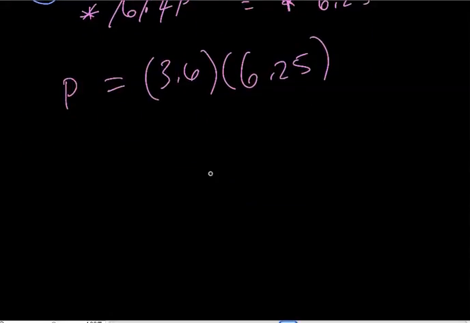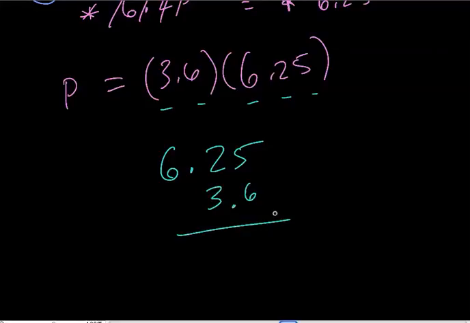So I look at this, the 6.25 has 3 digits, and the 3.6 has 2. So like any good multiplication problem, I'm going to write the one with more digits on top and the one with fewer digits on the bottom. I'm ignoring where the decimals go for this right now. So 5 times 6 is 30. 2 times 6 is 12, plus 3 is 15. 6 times 6 is 36, plus 1 is 37.